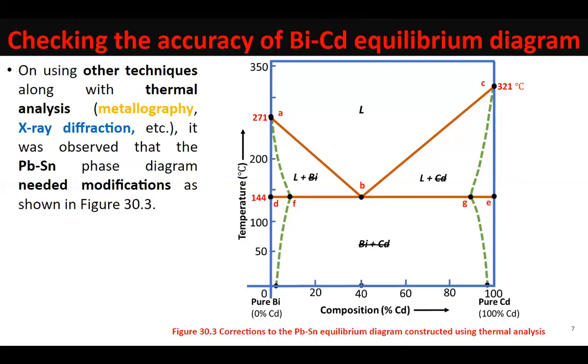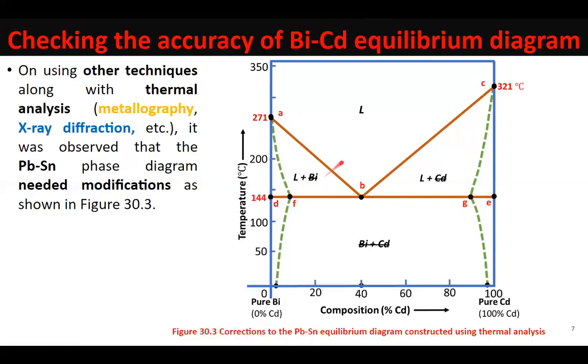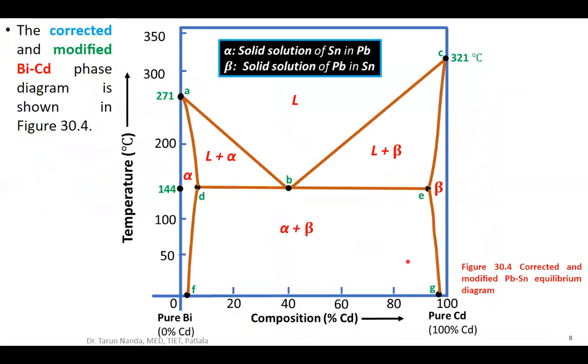Bismuth is now the solute and cadmium is the solvent. So here we do not have liquid plus bismuth, rather we have liquid from this side and alpha from this side. This region contains liquid plus alpha, this region contains liquid plus beta, and this region contains alpha plus beta. So this is the modified and corrected diagram.